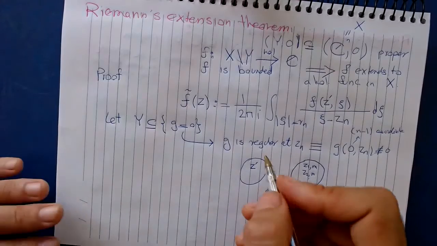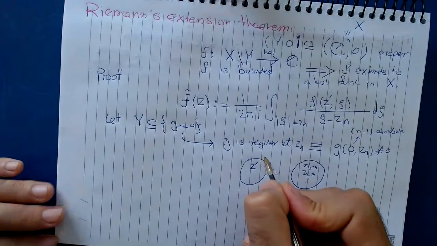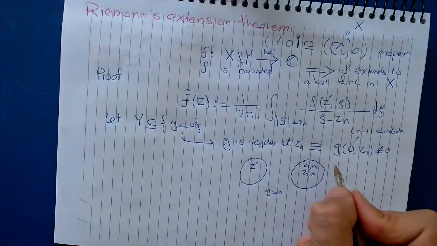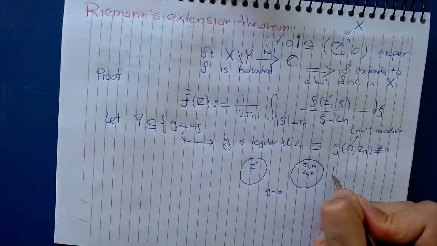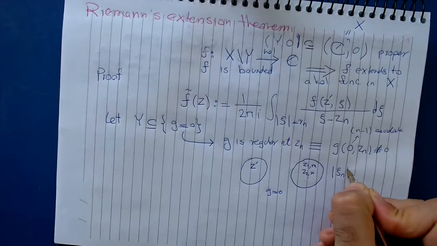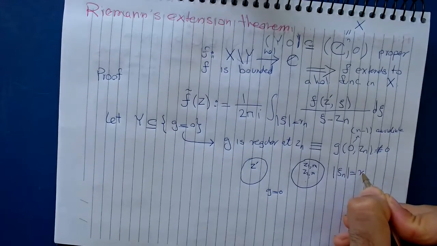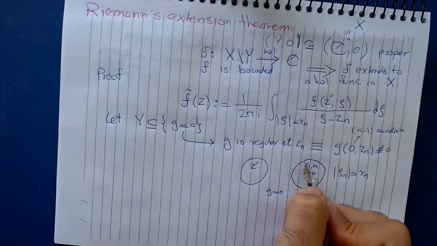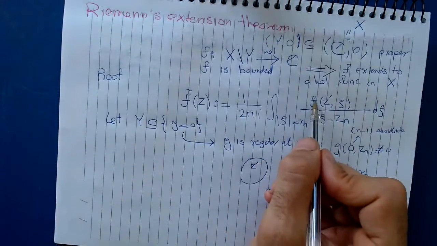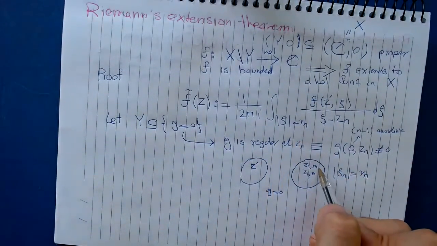In the case similar to the Weierstrass preparation theorem, we will take this circle. The idea is to avoid z1^m, because my f is not defined in z1^m.